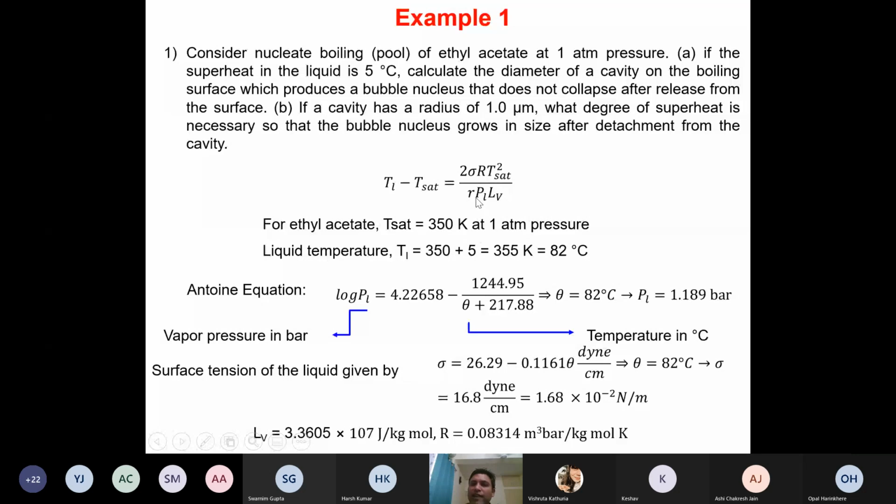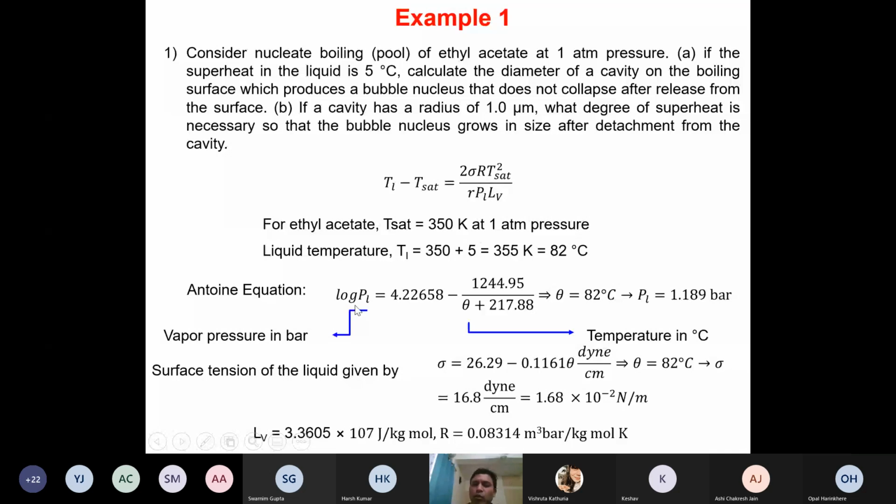Here the saturation temperature is 350, the liquid temperature T_L has 5 degrees superheat, so 350 plus 5 becomes 355 K, that is 82 degrees Celsius. The Antoine equation for ethyl acetate is given by this, where log P_L is log to the base 10. Natural log we represent as ln, so don't confuse them. This is to the base 10.